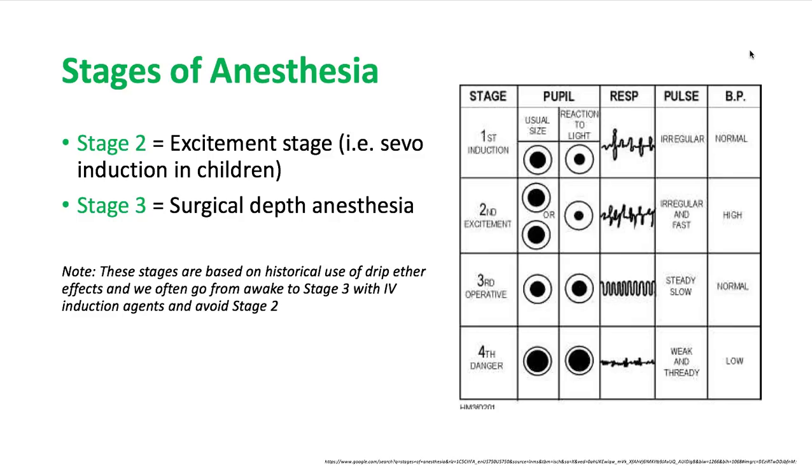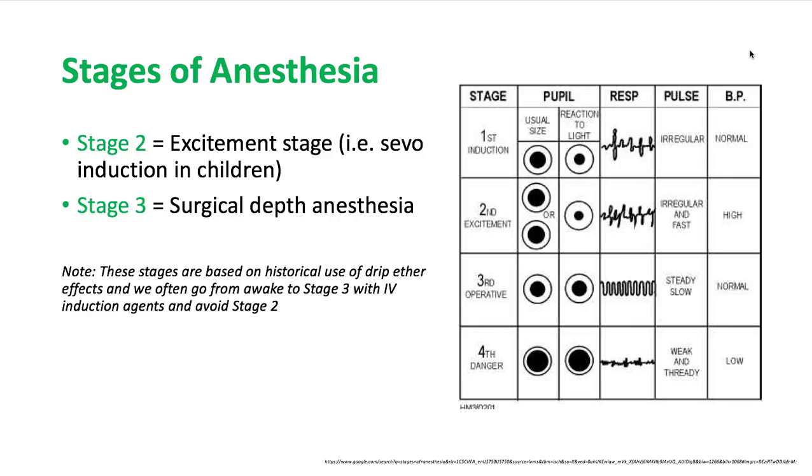It's important to realize that these stages of anesthesia are really based on historical use of drip ether and the effects of such, and we often take the patient straight from the awake state to stage 3 with a bolus of propofol, for example, and avoid stage 2.